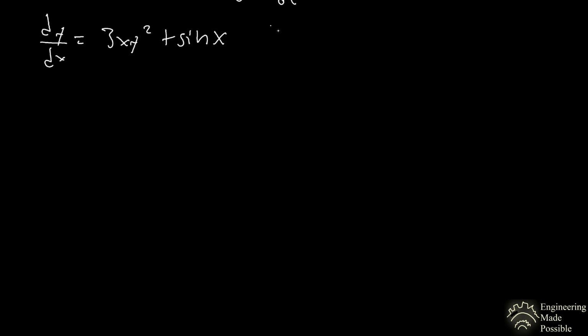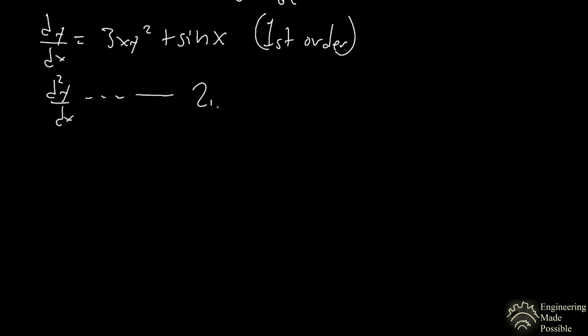Now, in this case, this would be a first order ordinary differential equation, because your derivative is only the first derivative here. Let's say, for instance, it's the second derivative of y with respect to x, and you have the same, this would be your second order, and so forth.